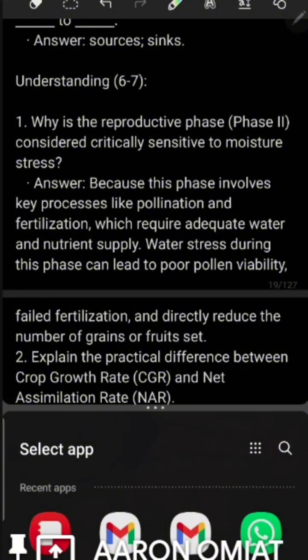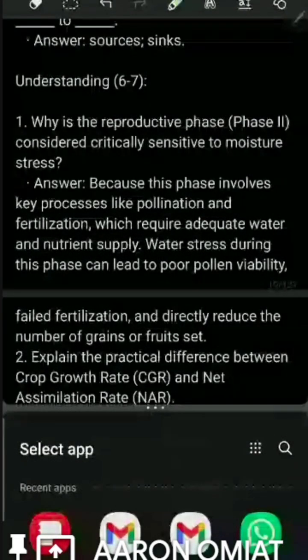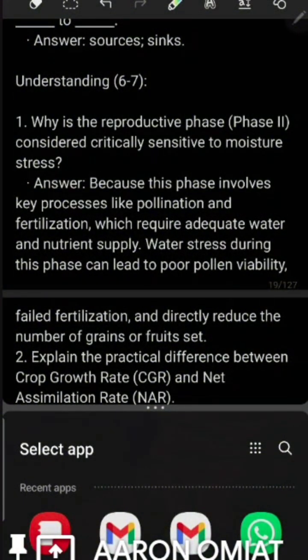The gross crop rate is the total production of biomass of the plant, for unit area. Then the net assimilation rate is the efficiency of the biomass production per leaf area.